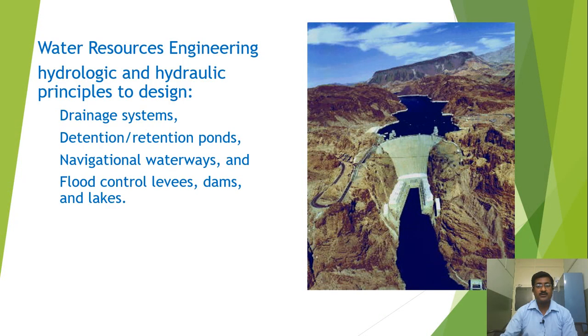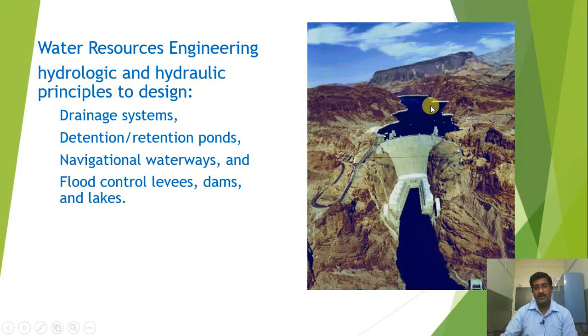Then we are going to study the various types of dams. Then in water resources, especially hydrological and hydraulic principles of design, various drainage systems, retention ponds, navigation, also flood control, especially dams and lakes.